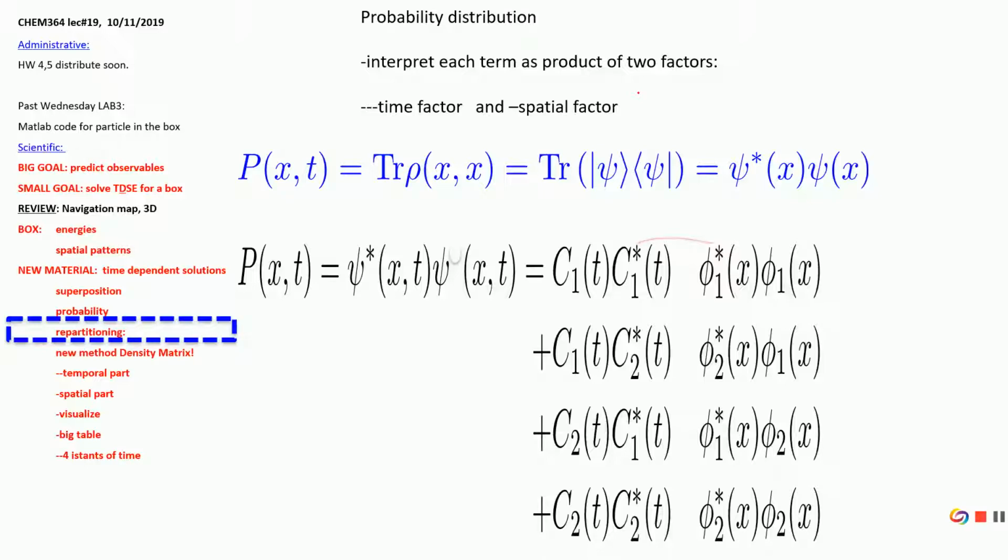But if we want to look at the probability distribution, we plug in the same values of the independent variable here. And we are going from the abstract density operator, which, if your goal is only this course, you can forget right the next second, into the probability distribution, which is just psi star and psi. So we are going from this abstract ket-bra to the space distribution and time distribution.